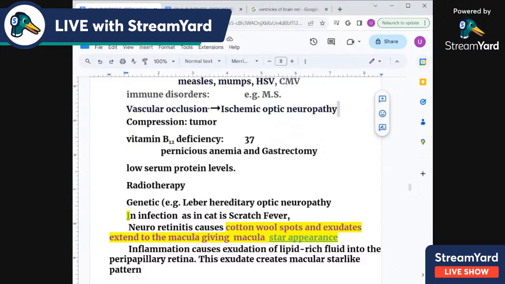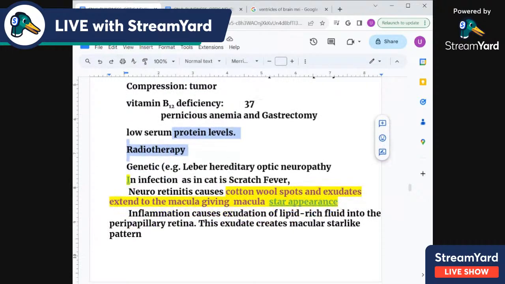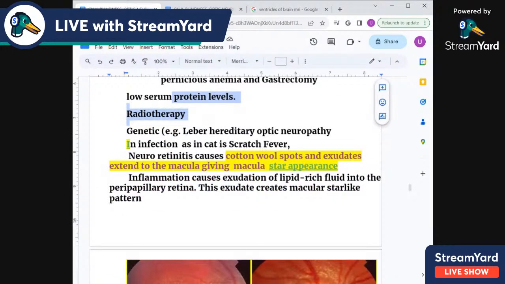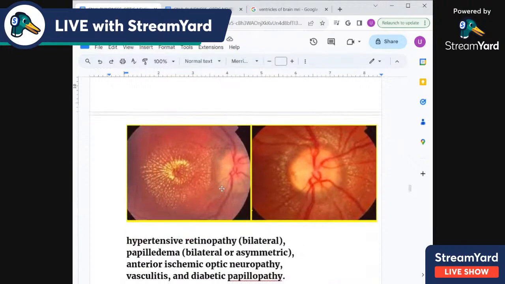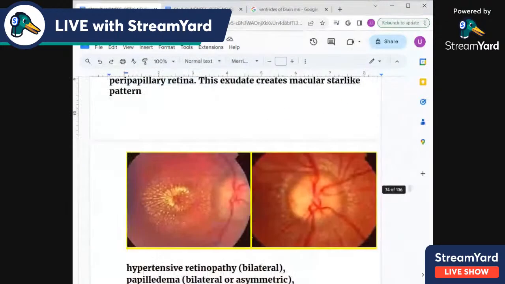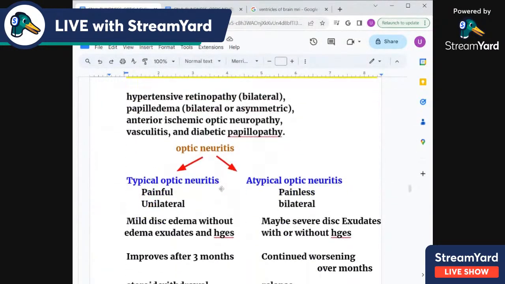Pernicious anemia is a common cause of vitamin B12 deficiency. Also, gastrectomy causes it. Low serum protein, protein deficiency, radiotherapy, genetic liver atrophy, and there occurs neuritis, that is in the macula. So that's in the optic neuropathy, which we already discussed.